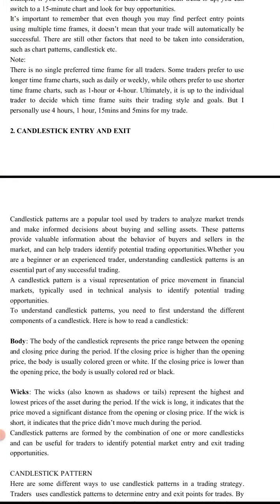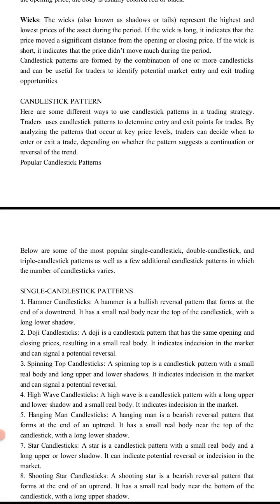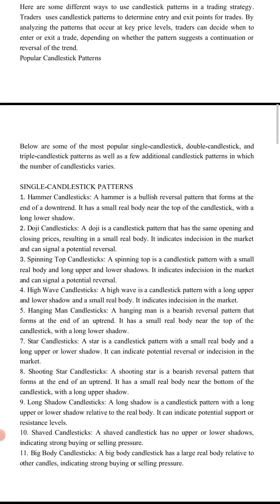We have the body and the wick in the candlesticks, and in the candlesticks we have patterns. We have the single candlestick patterns, such as the hammer, the doji, the spinning top. We have others, etc.